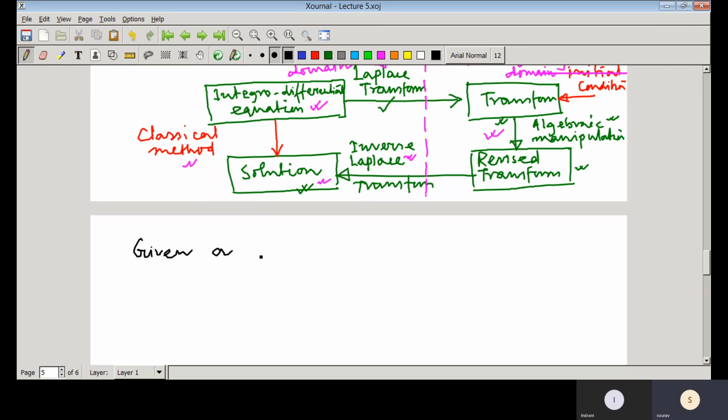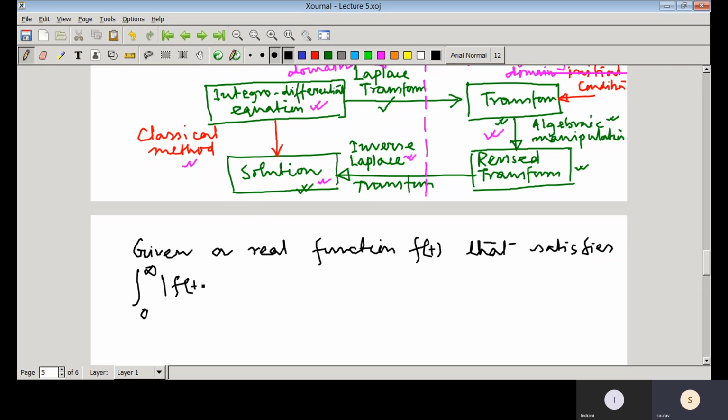Given a real function, say f(t), that satisfies this condition, I hope you all know whether this function is Laplace transformable or not.